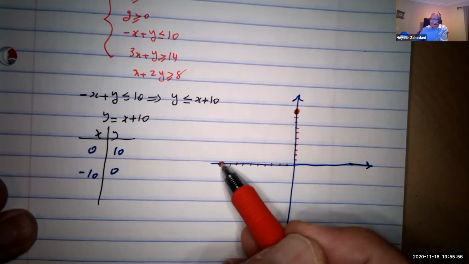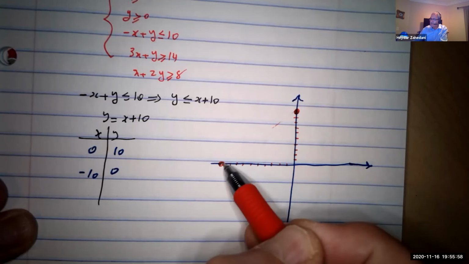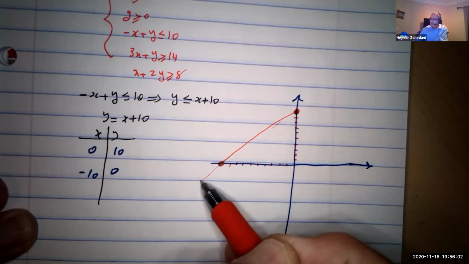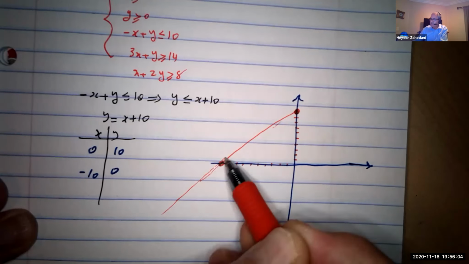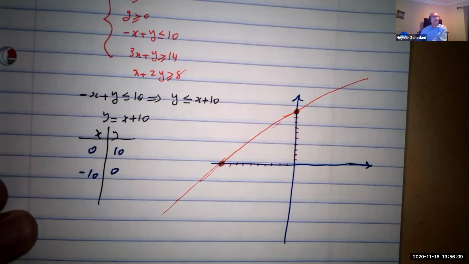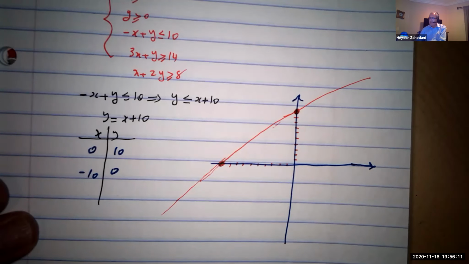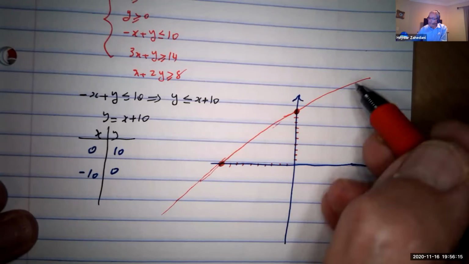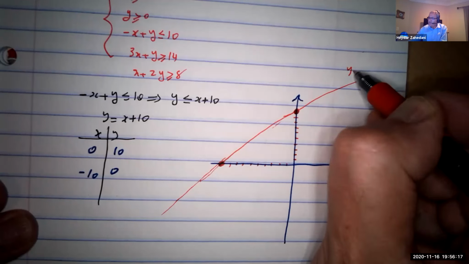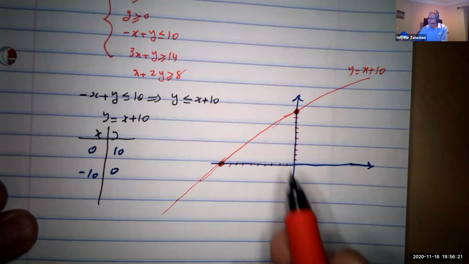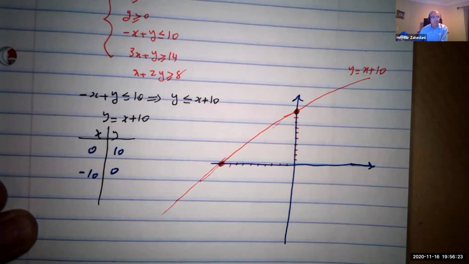We connect these together. This is going to be the first line, y equal to x plus 10. These intersection points, we know them, and then we come back to it.